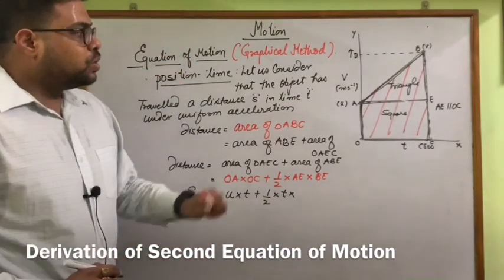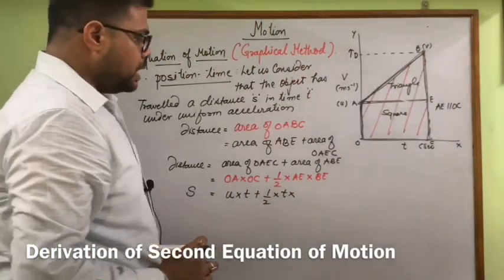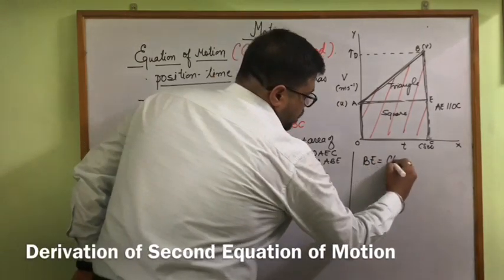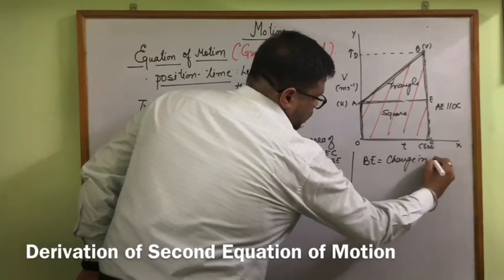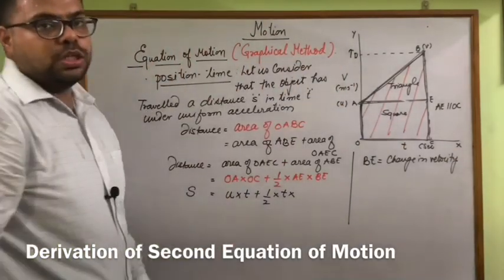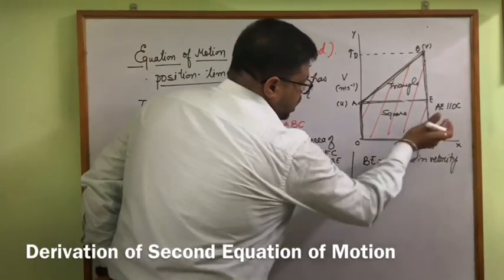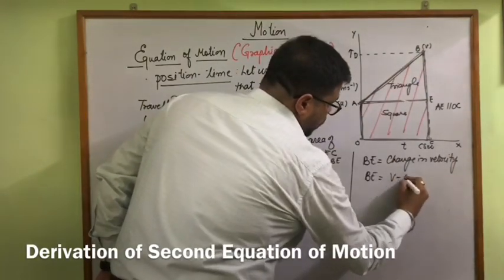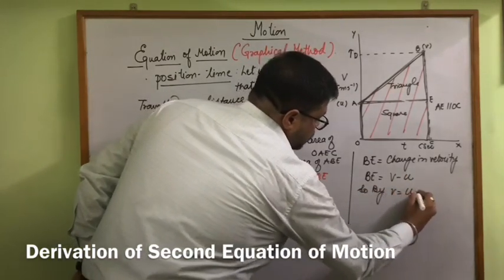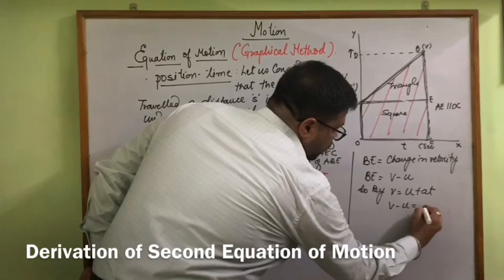Now the particular BE, we know that BE equals the change in velocity. In the previous equation, we already used BE equals v minus u. So by v equals u plus at, we can write v minus u equals at.